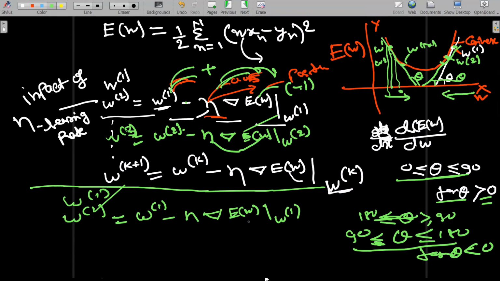Let's suppose we have calculated this as 0.05. W1 has some positive value, because if you take this one, it will be positive in this y direction.